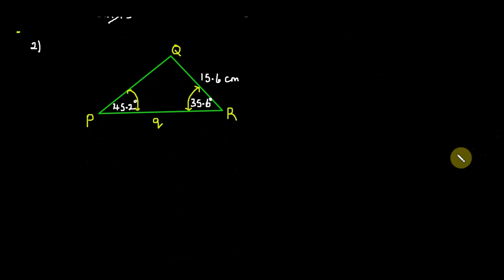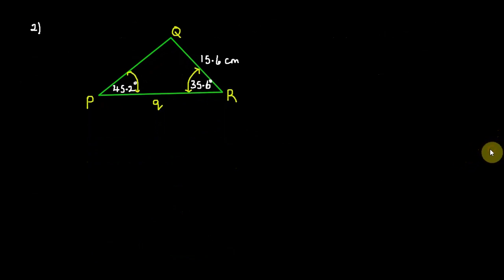Second question, let us inspect. We have to do an inspection to see what we have, what we need, and what we do not need. So I have a side and the angle opposite to that side. Side, angle, check. Yes? We're given an angle.